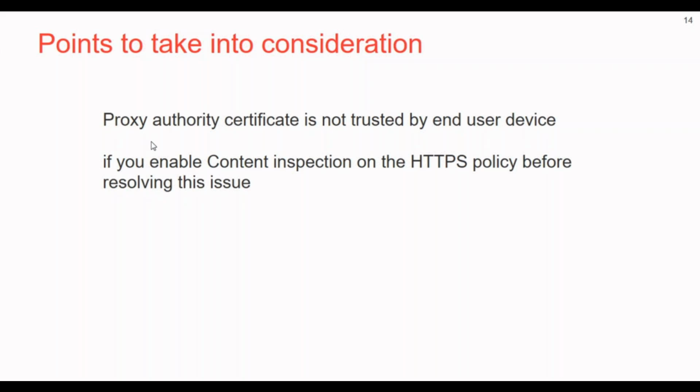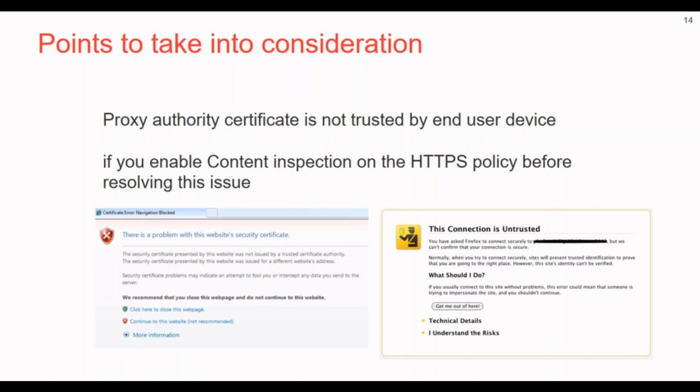Okay, now points to take into consideration for this process. The proxy authority certificate is not trusted by the end user by default. So if you enable content inspection, and this is one of the issues why sometimes administrators don't read the whole thing, they just say, okay, we have an inspect action under the HTTPS proxy, and once they do that, this is what the end user is going to see, because the end user doesn't trust this proxy authority certificate.